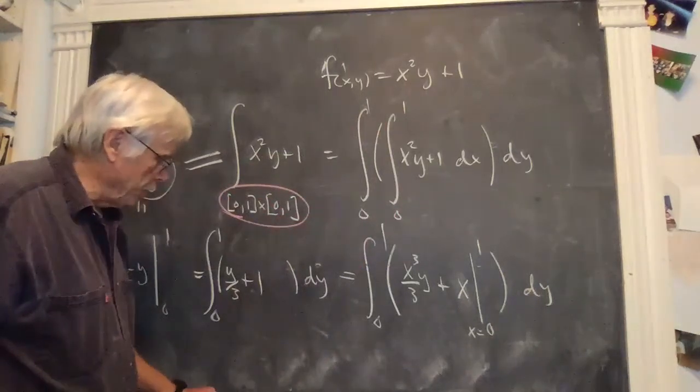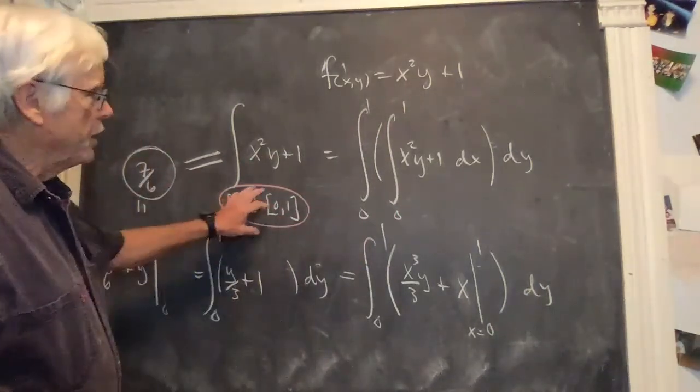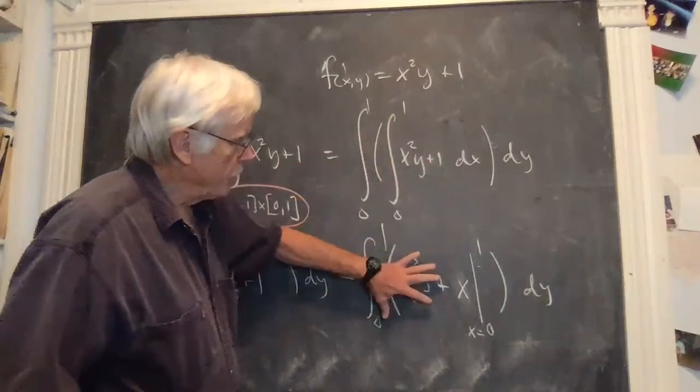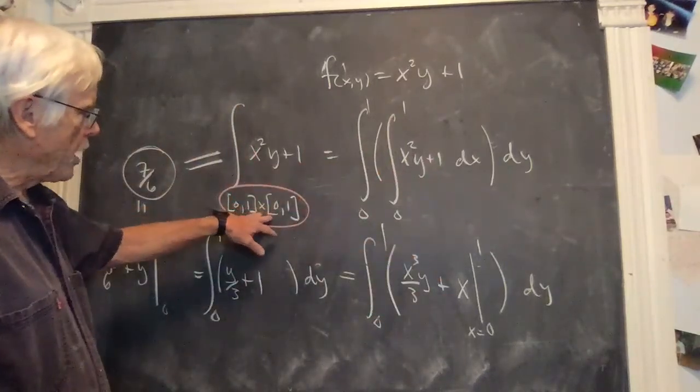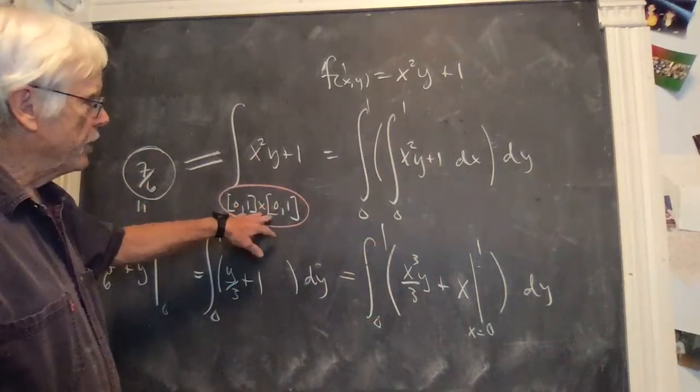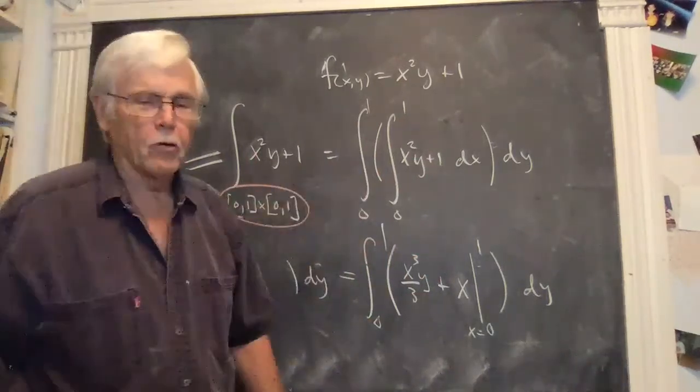So a good deal of our work in here will be not involved with the anti-differentiation process, but involved with finding out how to describe regions in a suitable way that we can integrate over them.